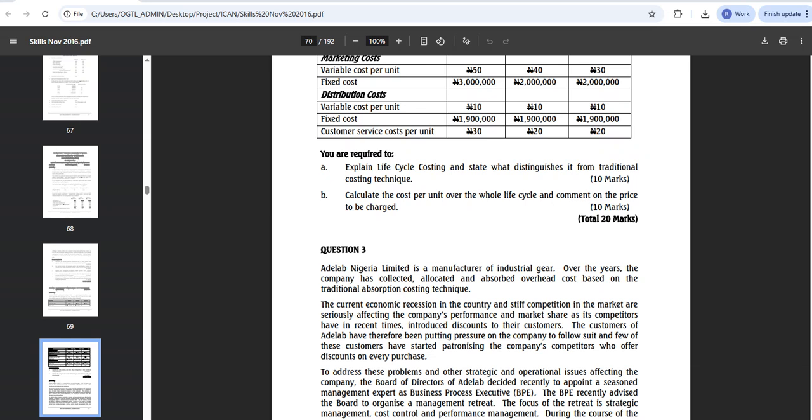The research and development stage, we talked about that, and we talked about the attributes, the characteristics of costs that we can have at each stage. So the research and development stage, the introduction stage, what are the costs, what are the revenue, what are the attributes of the costs there, what are the major costs you incur.